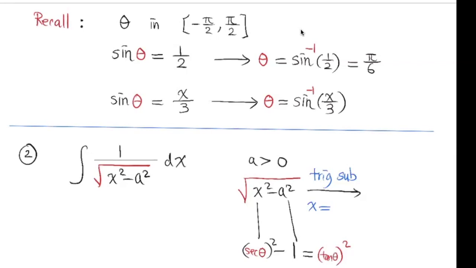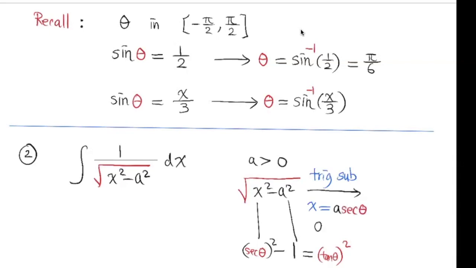When you have this, then you think about this. So now, what do you think you're going to let x be? x equal to what? Corresponding to this secant theta, so that will equal to a times secant theta.